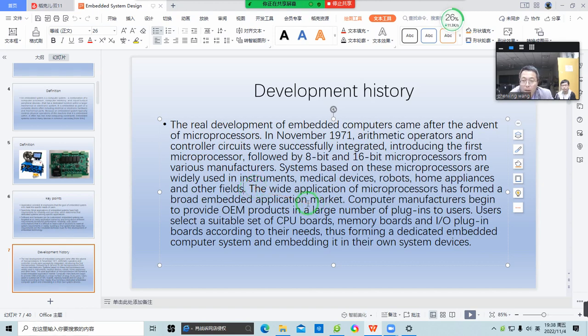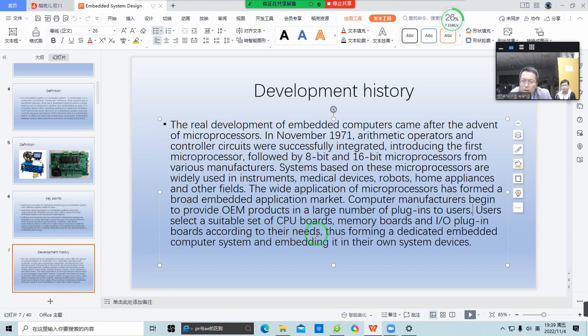The wider application of microprocessors has formed a broad embedded application market. So computer manufacturers began to provide OEM products in a large number of plug-ins to users. Those users select different CPU boards, memory boards, and I/O plug-in boards.